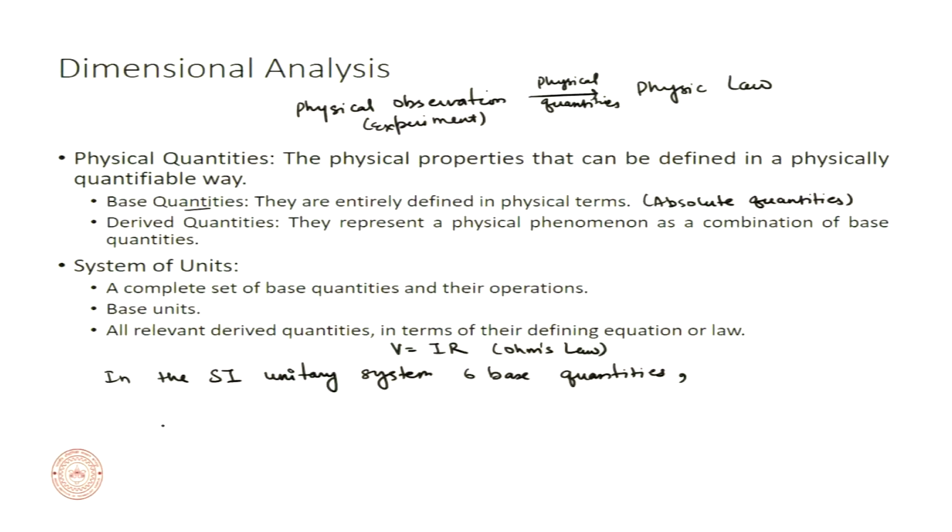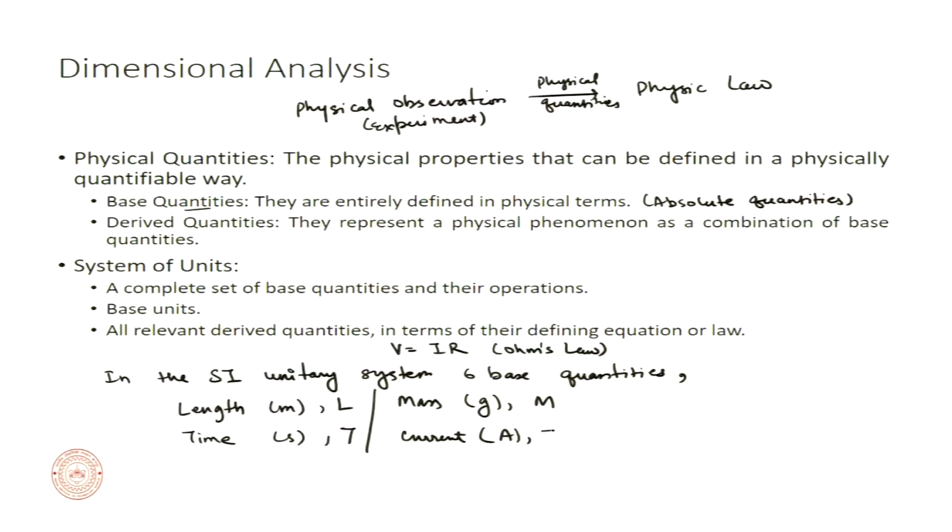These are, so we have length, it's given in meters and denoted by L. We have time in seconds, denoted by T. We have mass in grams or kilograms, denoted by M, and then we have current.